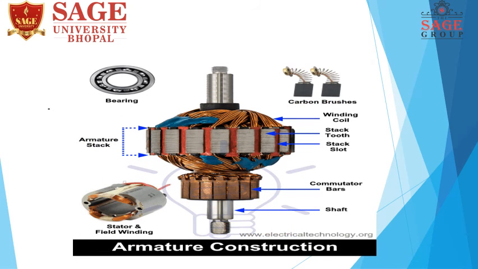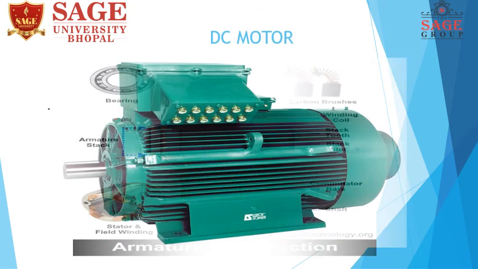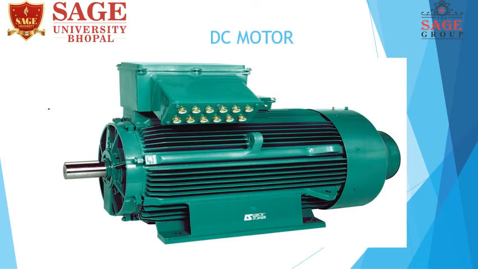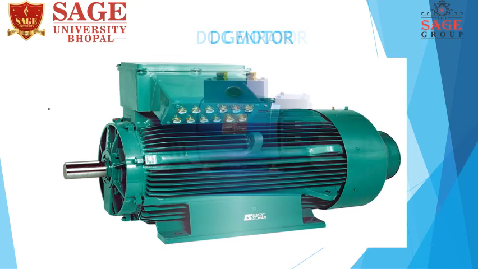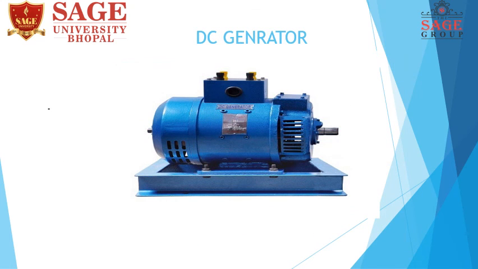This is the construction of the armature, this is a complete DC motor, and this is a complete DC generator. So this whole process is known as the DC machine, with many parts of construction and many types used.